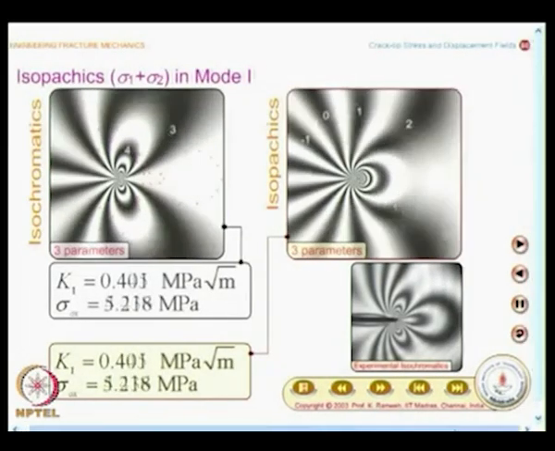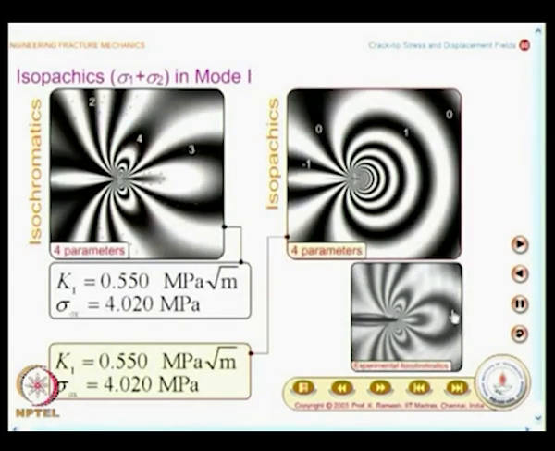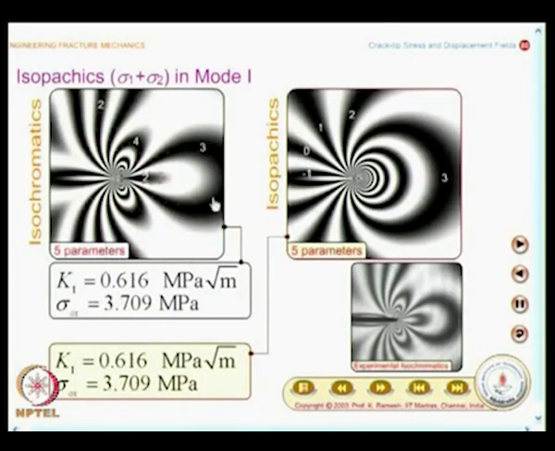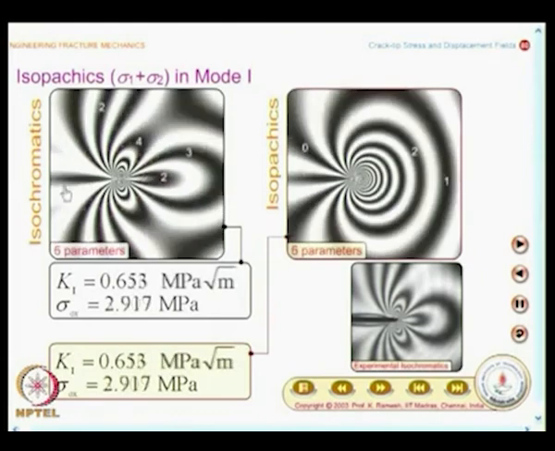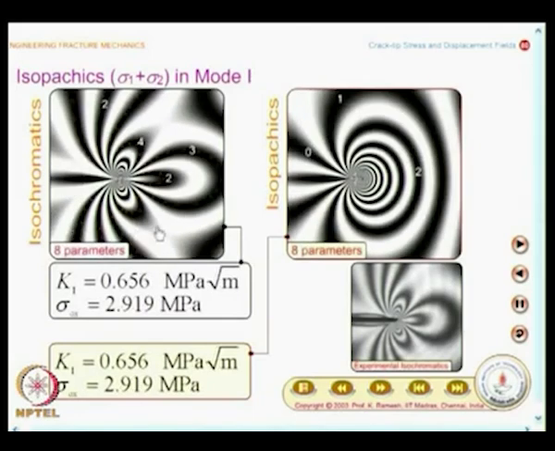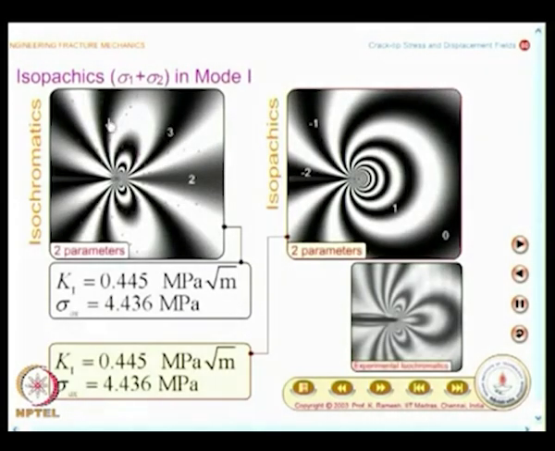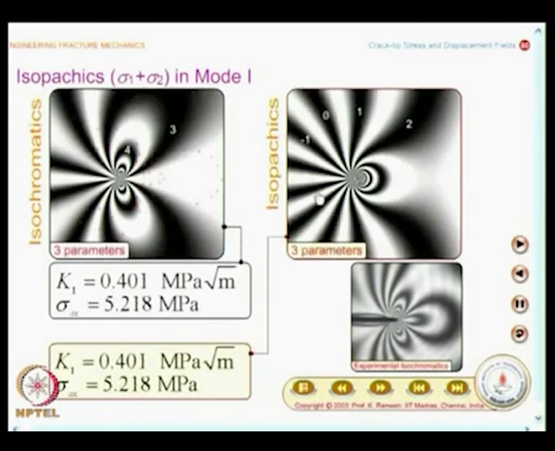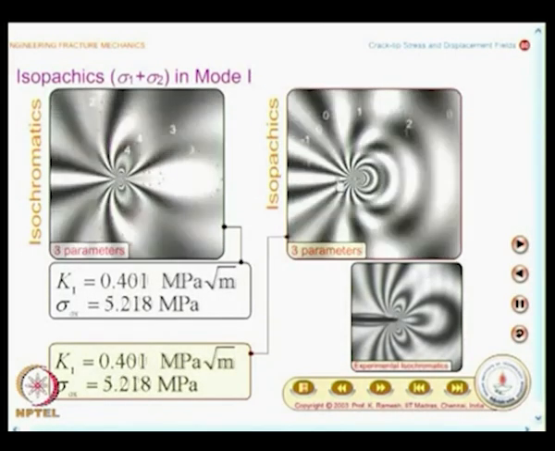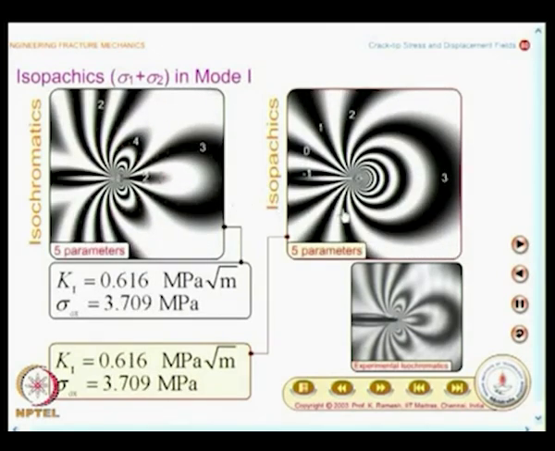You observe the fringes. This screen has the experimental isochromatics, and here you have theoretically reconstructed fringe patterns for sigma 1 minus sigma 2 corresponding to photoelasticity. With the same solution, here theoretically sigma 1 plus sigma 2 is plotted, so that the comparison could be made.